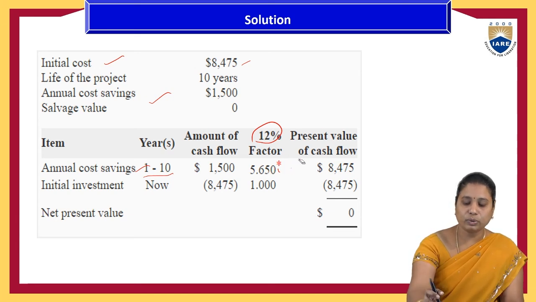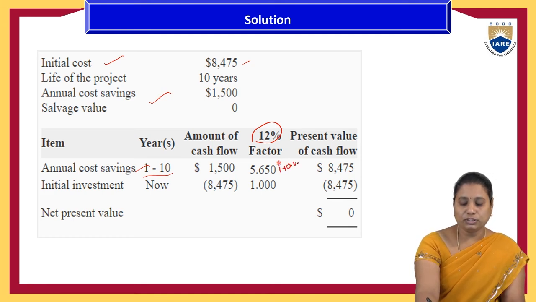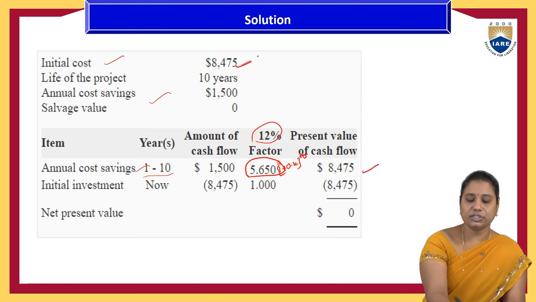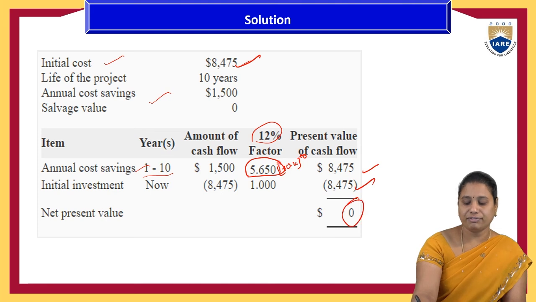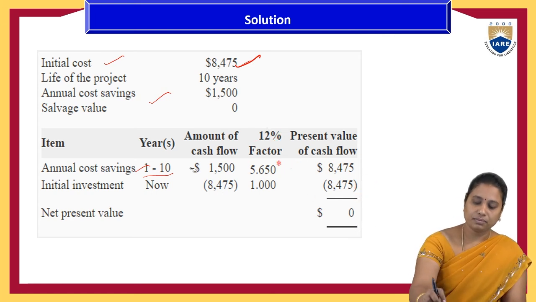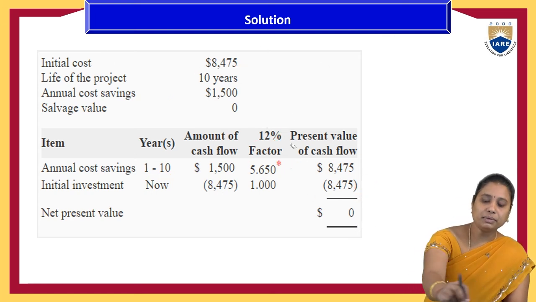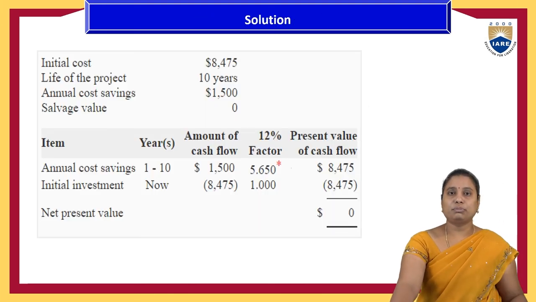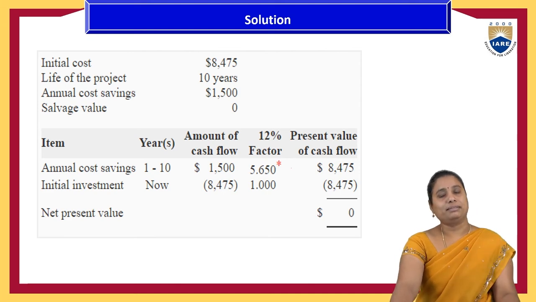Because the factor value we are taking is 1 plus 0.12 whole to the power of 10, the value will be 5.650, that is 8,475, whereas the initial investment is 8,475. NPV is 0, which means it is the internal rate of return. But the minimum expected rate for the company is 15%. So that's why this proposal is going to be rejected.